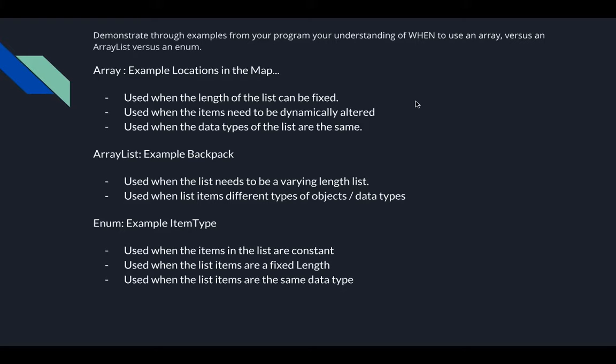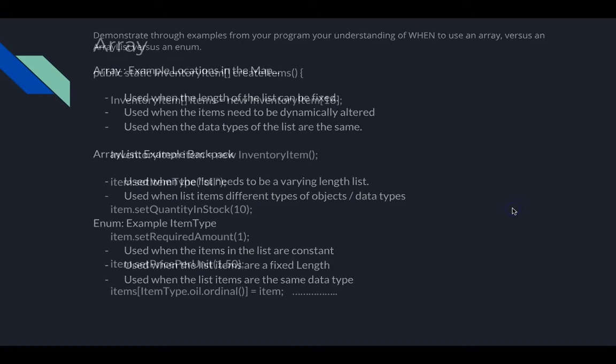An array list is used when the list needs to be of varying length, and when the list items are different types of objects or data types. And an enum is used when the items in the list are constant, so they'll never change. It's used when the list items are a fixed length, and when the list items are the same data type. So we'll look at three examples real quick.